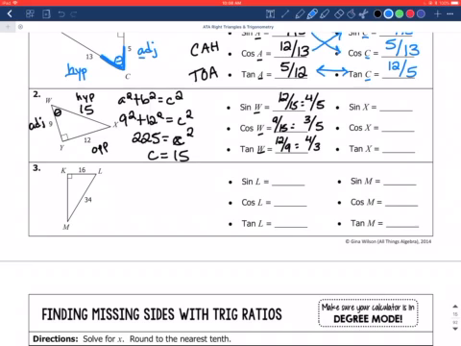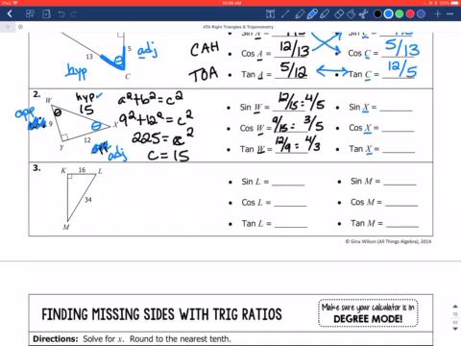All right, so now we'll do blue, and we're looking at the reference angle x. Okay, so this now becomes your opposite. This now becomes your adjacent, and the hypotenuse stays the same. It doesn't change. So now you can see this pattern, but I really want you to see it on the figure too.